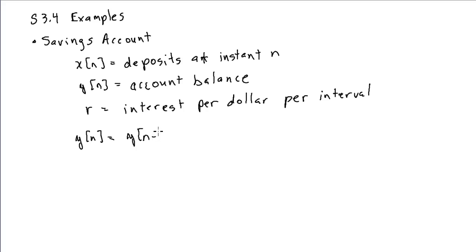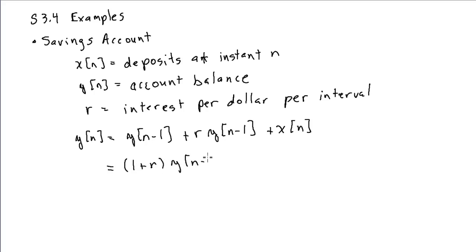So y of n, our current account balance, is equal to the amount we had the previous year plus the interest rate times the amount we had the previous year plus any new deposits that are made this year. So we can rewrite this as 1 plus r times y of n minus 1 plus x of n.